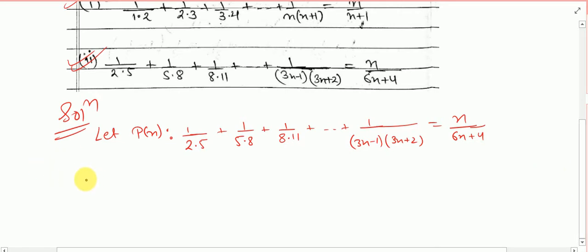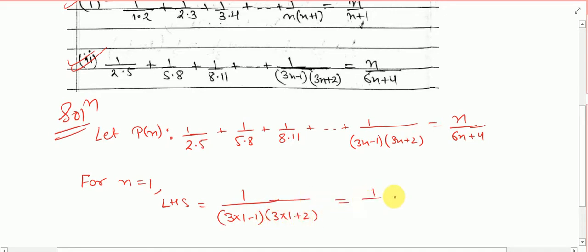So firstly, for n equal to 1, your left hand side: you can see this is the term which involves n, so you take this term and replace n by 1. So you get 3 into 1 minus 1, which is 2, and here 3 into 1 plus 2, so you will get 1/10.